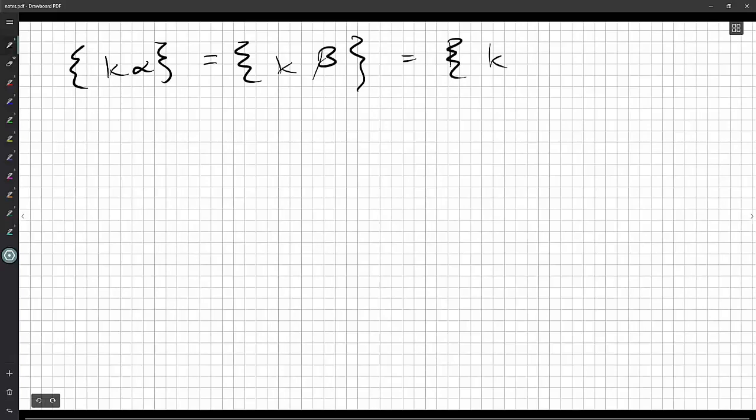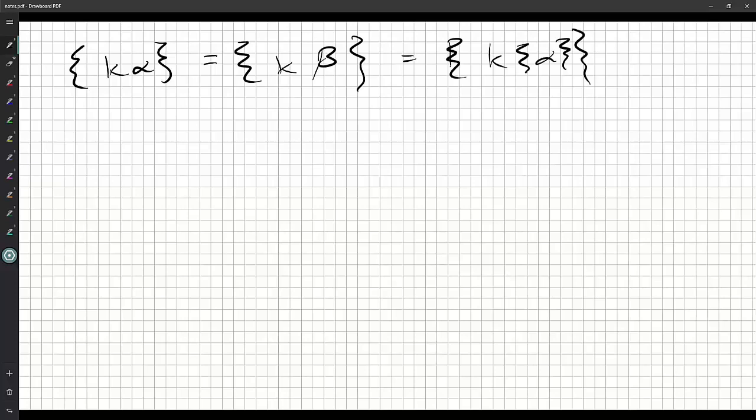Because the integer parts don't matter when we write things like this. I'm not necessarily sure this is going to help me, though. Well, let's say something like this.